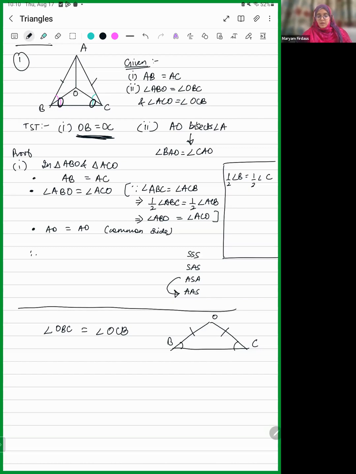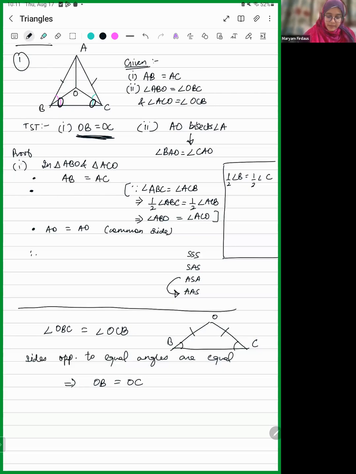We have studied this, that sides opposite to equal angles are equal. So that means OB equals OC. Now from here we prove this one.